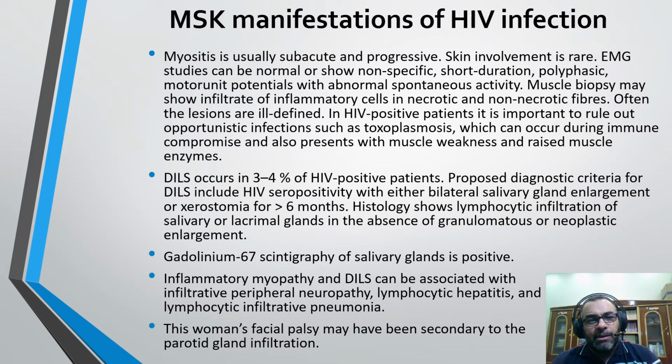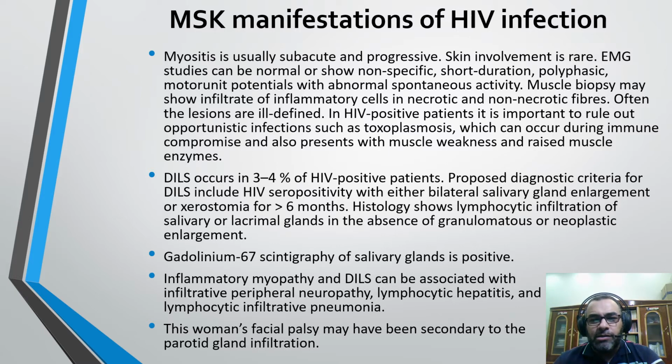Myositis is usually subacute and progressive. Skin involvement is rare. EMG studies can be normal or show non-specific short-duration polyphasic motor unit potentials with abnormal spontaneous activity. Muscle biopsy may show infiltrate of inflammatory cells in necrotic and non-necrotic fibers. Often the lesions are ill-defined.